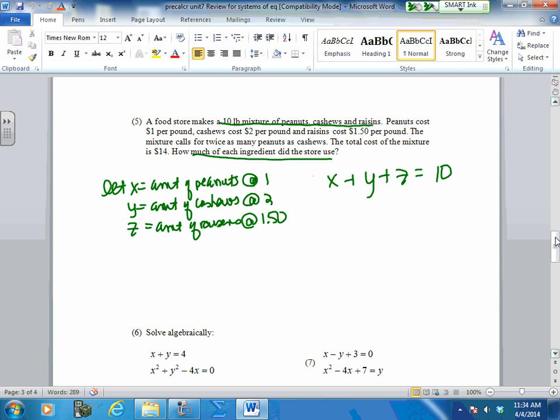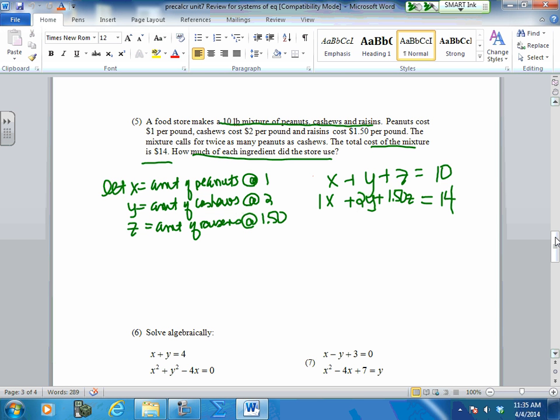We notice the total cost of the mixture is $14. This is what they're giving us that it cost, $14. So we have to multiply each one by its unit cost. So 1 times X is $1, 2 times Y, and 1.50 times the amount at Z. There's our second equation.